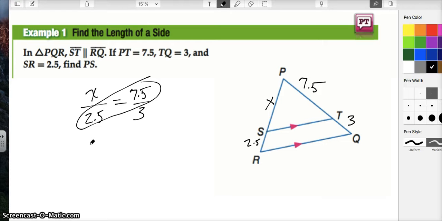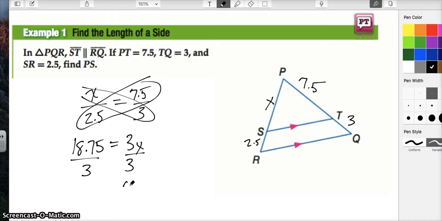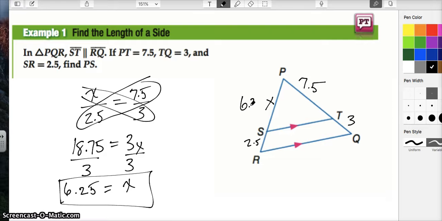When you multiply these guys together, we get 18.75, and multiply these guys together, we get 3x. And to solve for x, or PS in this case, we're going to divide both sides by 3. When I do that, 3 goes into 18 6 times, and 3 goes into 75 25 times. So I get 6.25 is the value of PS.